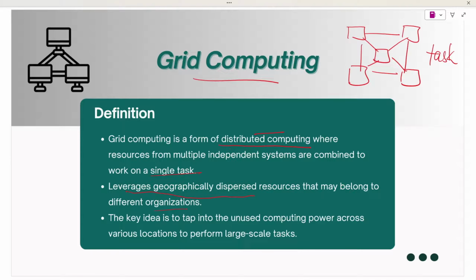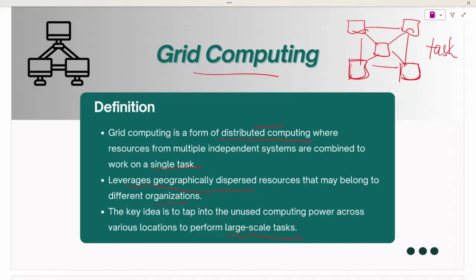Cluster computing says that all the computers must be in the same location, but in grid computing it is not the case. You can have the computers in different geographical locations, and it combines the multiple computers to work on a single task. The key idea is to tap into the unused computing power across various locations to perform large-scale tasks.